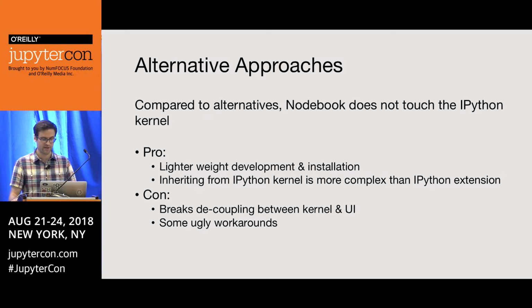So it's implemented basically as an IPython magic. There's no extra kernel, just hooking into the existing functionality around magics. That has a disadvantage also in that it can interact poorly with other cell magics. And I'm also breaking the decoupling between the kernel and the UI. In the UI, I have to do some ugly workarounds to make this work at all. I have to do some monkey patching on the code cell object, and it's not pretty, but it works.